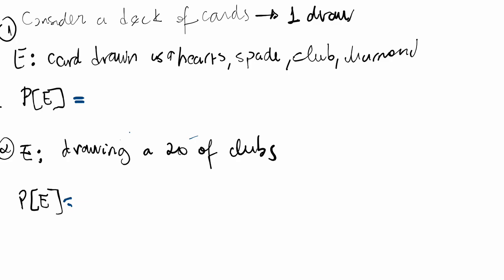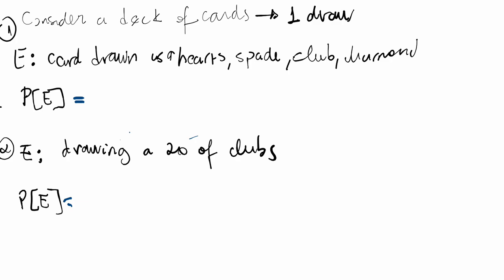Okay, so here's the question. Consider that I have one draw. I have a deck of cards here in my hand, and I say, Andrew, can you get one card? What's the probability of the event E, which is the card drawn is of hearts, spades, clubs, or diamonds?